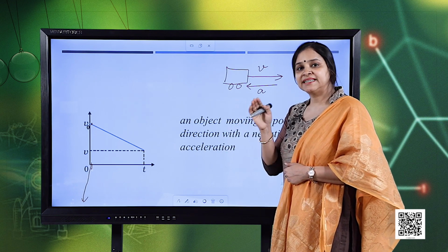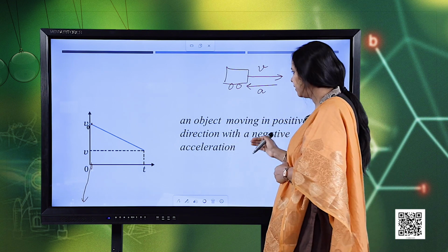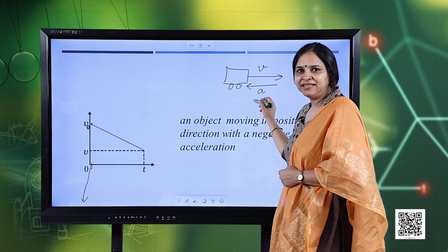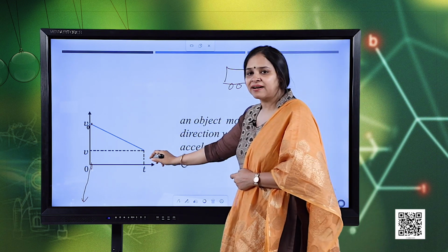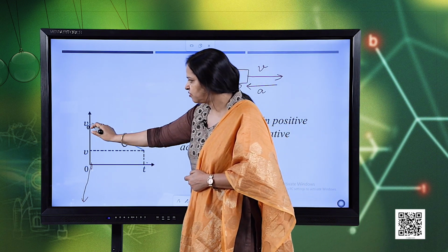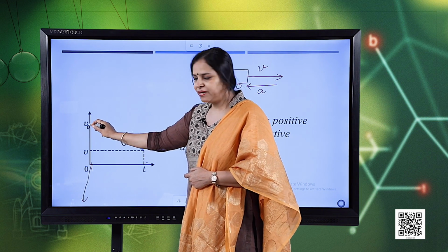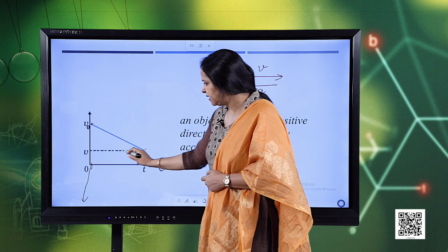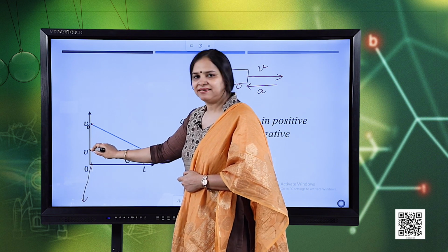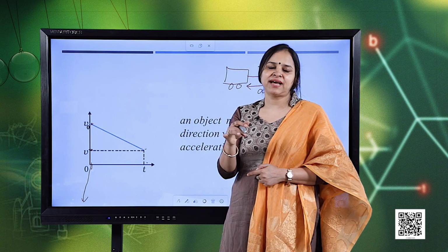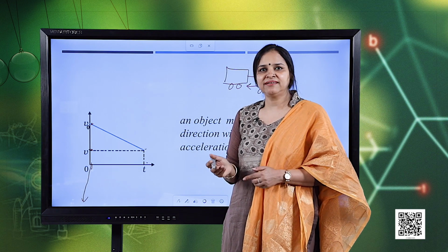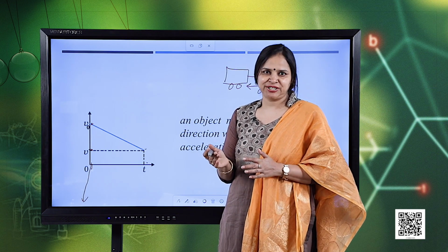So, it is decreasing the speed of the vehicle because the acceleration is in the opposite direction of the motion, which is very much clear in the graph also. Initially, suppose this much is the velocity V naught, but after time t, the velocity has decreased. Why? Because the direction of acceleration is opposite to the direction of the motion. So, it is an example of deceleration.